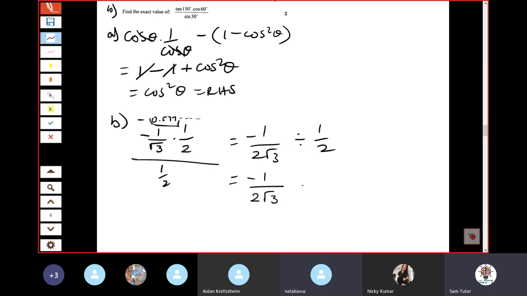What do you do? Oh, you flip it and you times it. And then what do you do now with the 2 and the 2? Do they cancel out? They do, because one's on the top, one's on the bottom. And then it'll just be -1 over root 3.